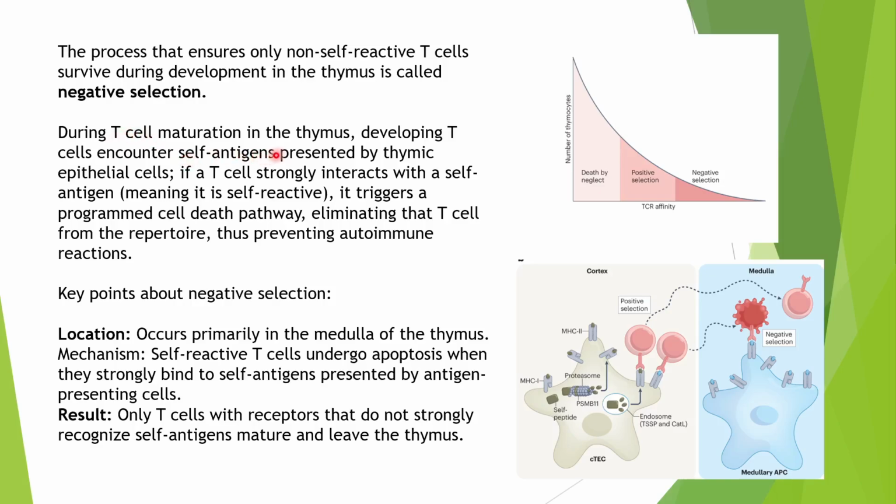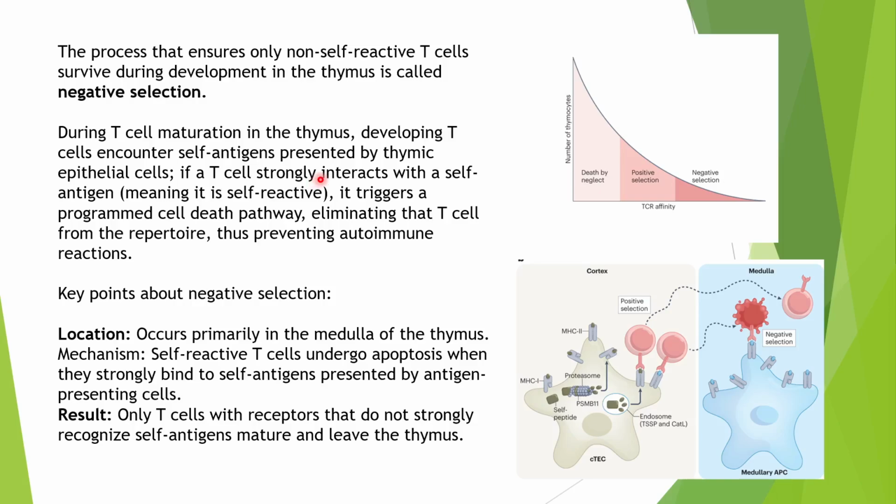During T cell maturation in the thymus, developing T cells encounter self antigens presented by thymic epithelial cells. Your self antigens are present on your self cells, that is, cells from your own body.